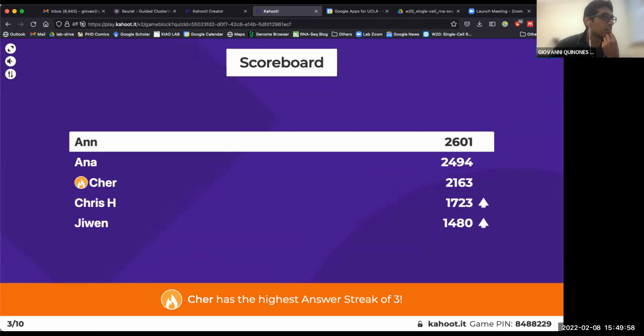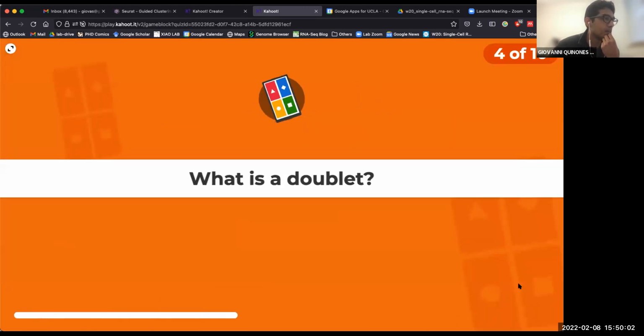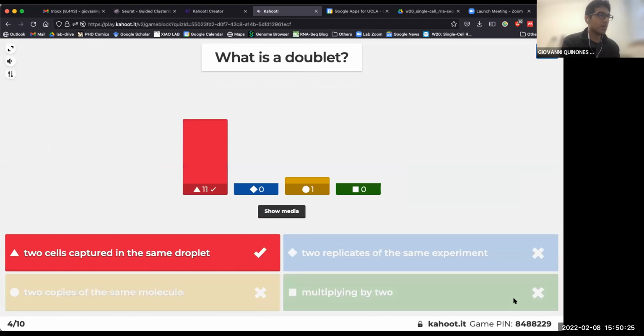Great. Let's go to the next question. What is a doublet? This was mentioned during the cell isolation technology. Great, the vast majority got it right.